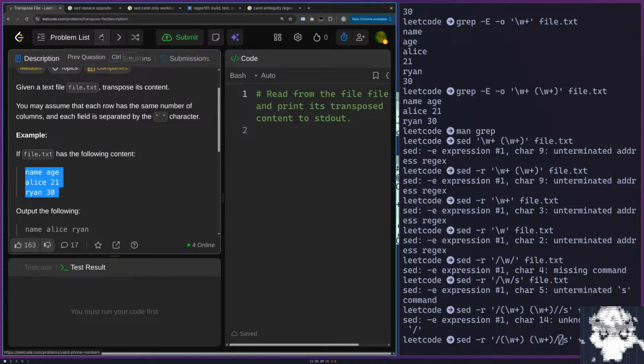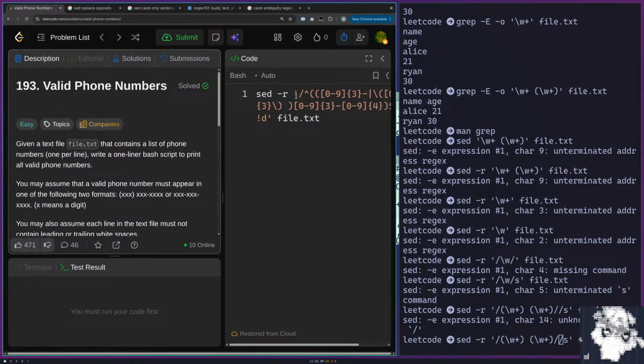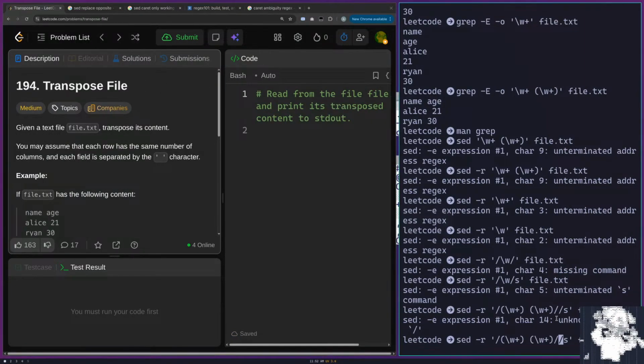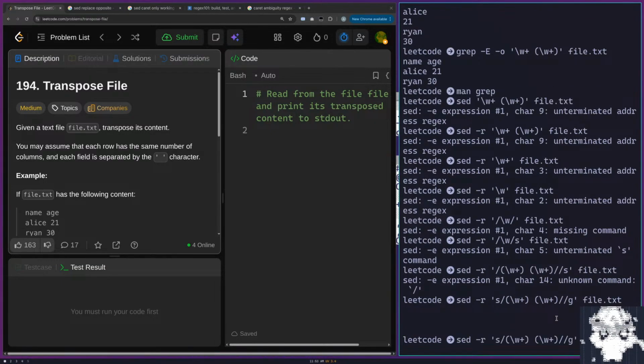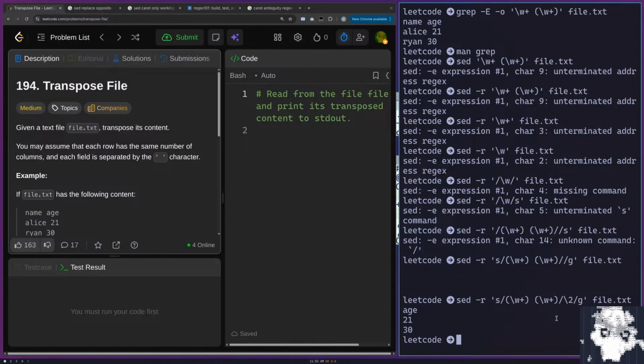What did our sed look like last time? You do put slashes. So here I want to be replacing it with... oh no, you put the s up here, and then you put a g to say global here. Okay, now replace it with \2.